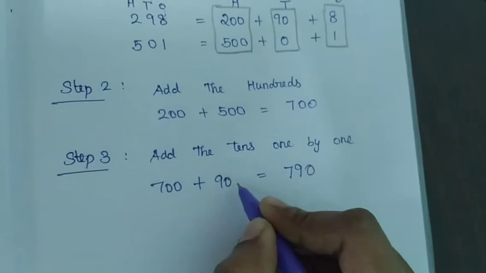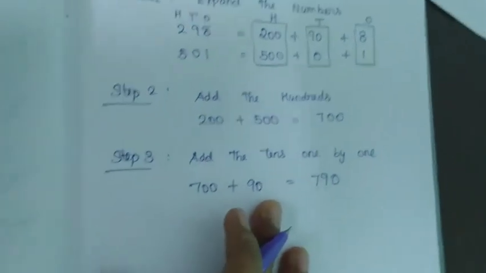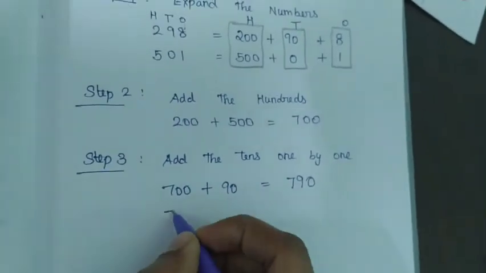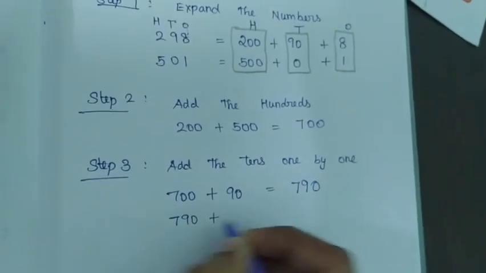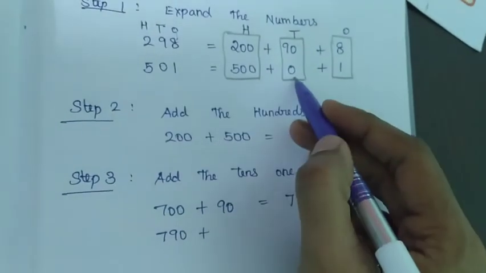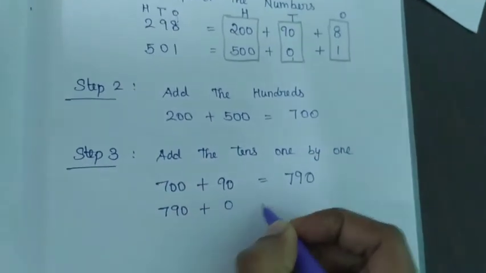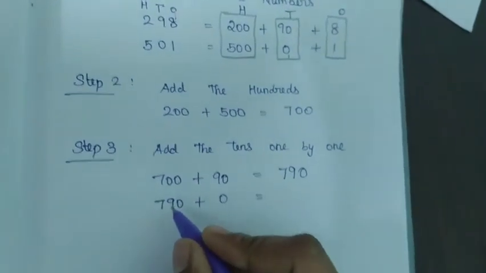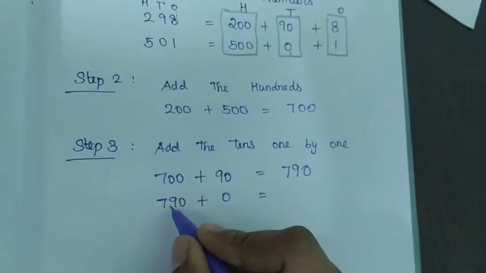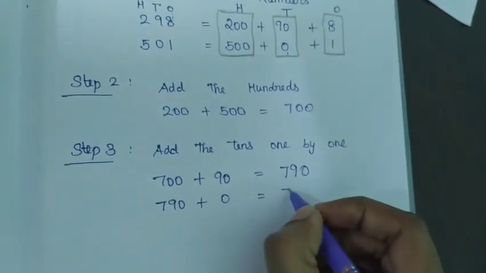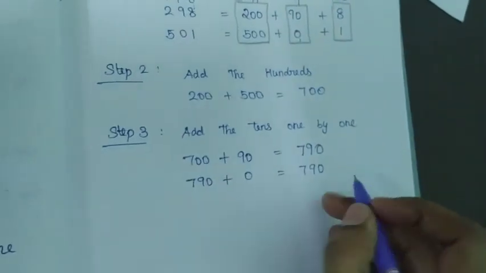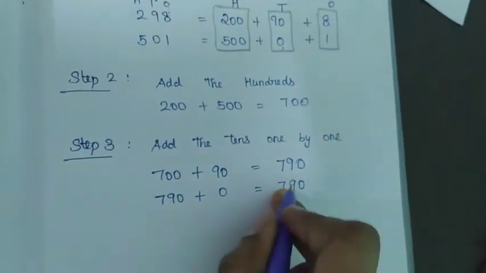So 700 plus 90 equal to 790. Now what is the answer we having? 790 plus, what is the next tens, ma? 0. So put 0 equal to, whenever we add a 0 to any number we get the same number. So 790 plus 0 equal to 790 only. Okay? Now step 3 is over.